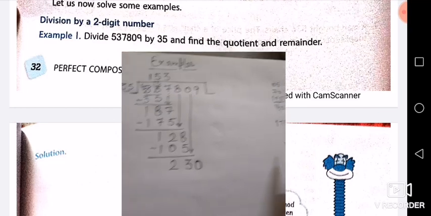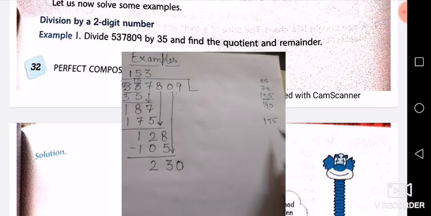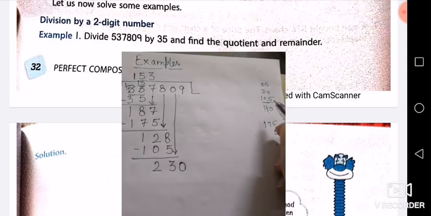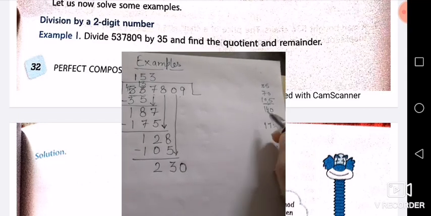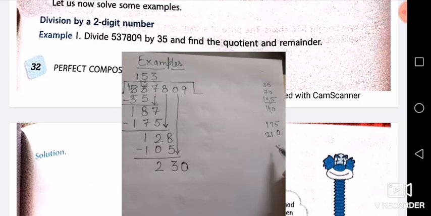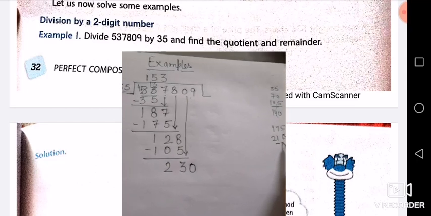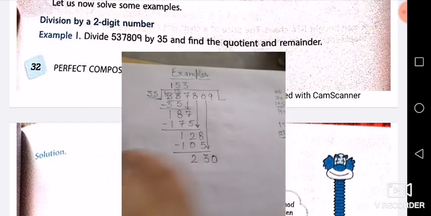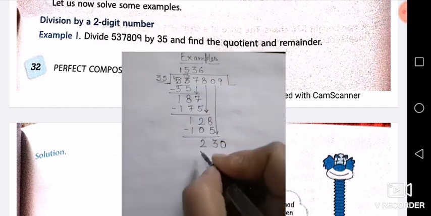Now we'll write this table a little bit more. Now 175, then 210. So now you can see this. Now this 210, which is 6 times, is nearer to this.